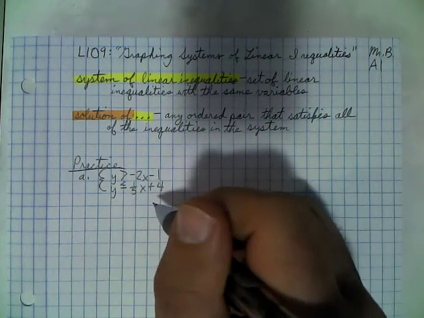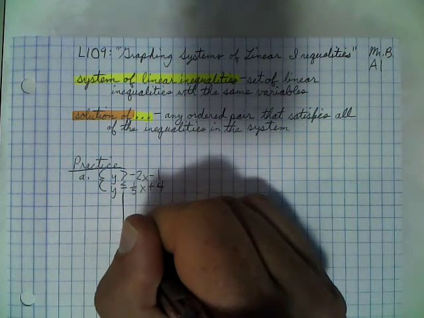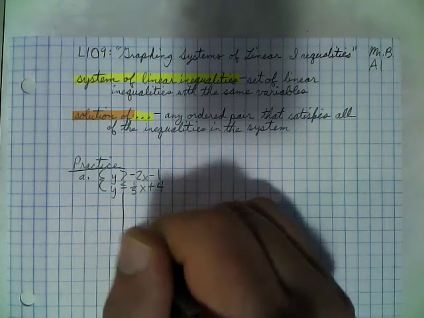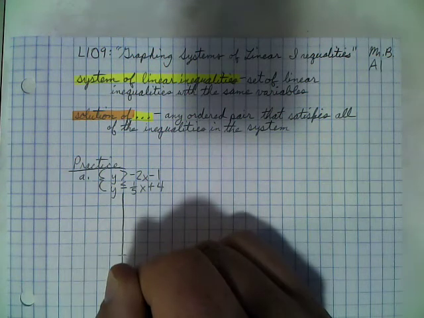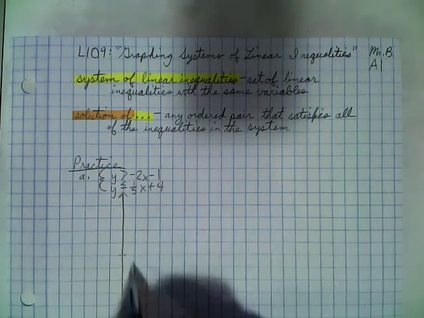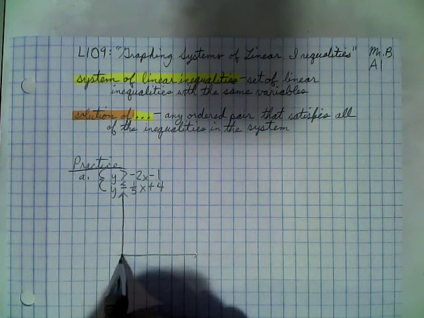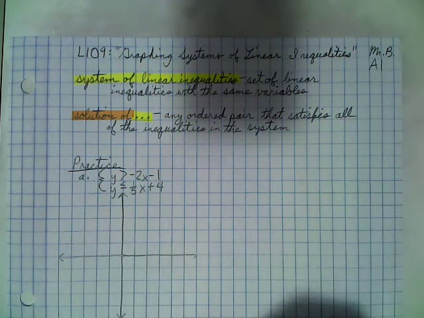Let's go 6 in every direction. 1, 2, 3, 4, 5, and 6. 1, 2, 3, 4, 5, 6. All right, so that's my coordinate plane.